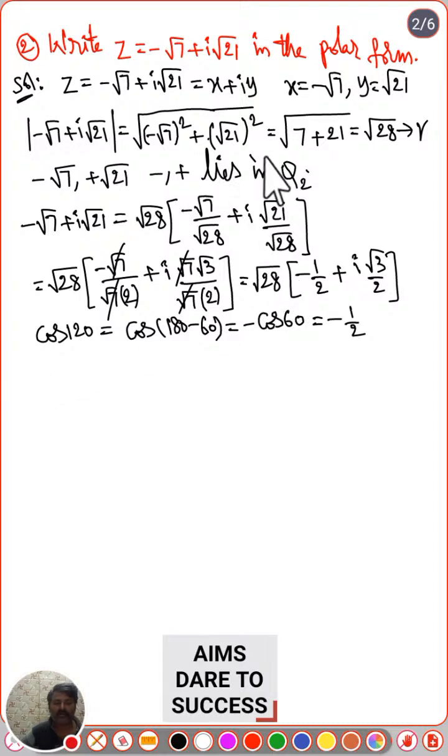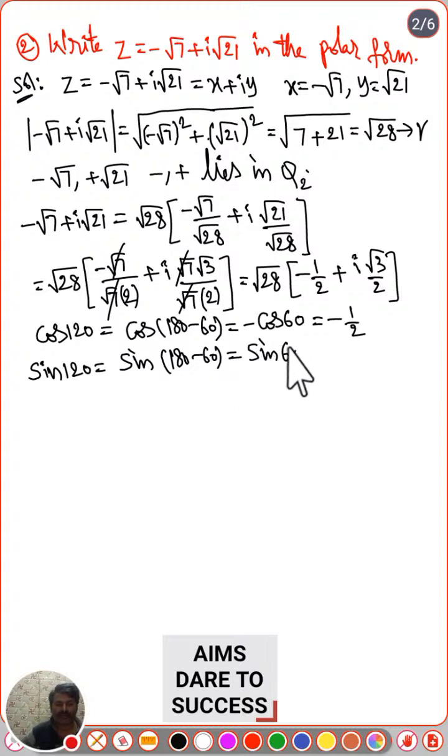Why? Because theta, given the minus and plus values, lies in the second quadrant. Similarly, we can take sin 120. Sin 120 is sin of 180 minus 60. Sin of 180 minus theta is sin theta. Like that, sin of 180 minus 60 is sin 60.